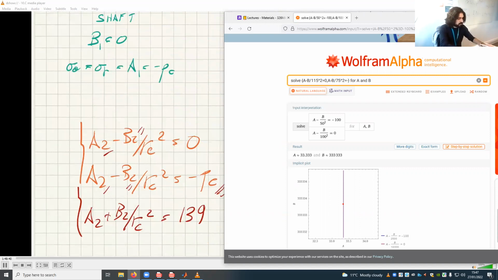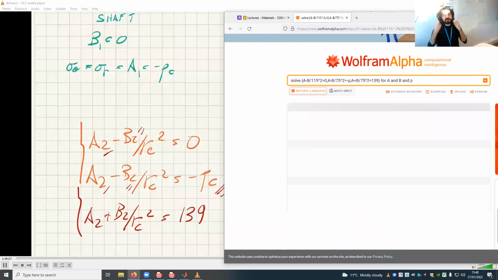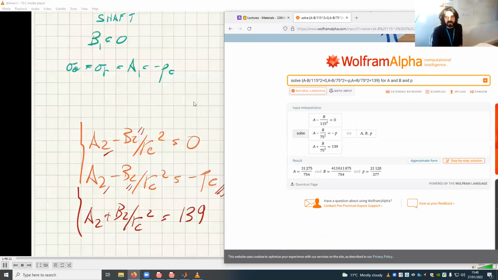So let's call this P. And then we have another equation that is A plus B divided by 75 squared equals 139, for A and B and P. Let me see if this works. Should work for 3 equations. Yeah, it works. Nice.